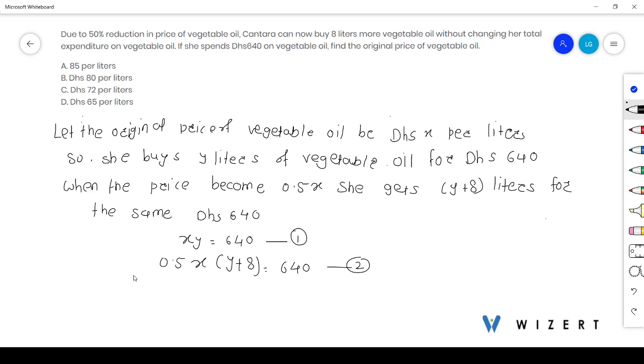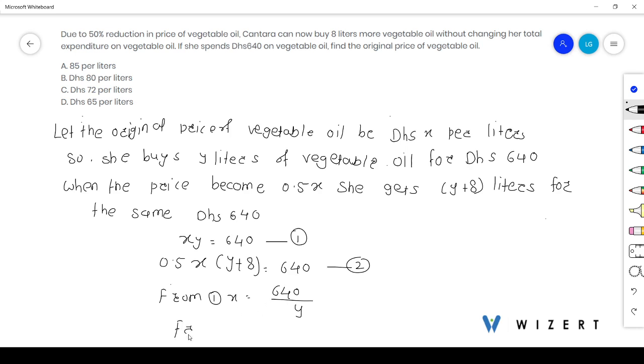Again, due to the 50% reduction, we will get this second. So, from 1, x will be 640 by y.